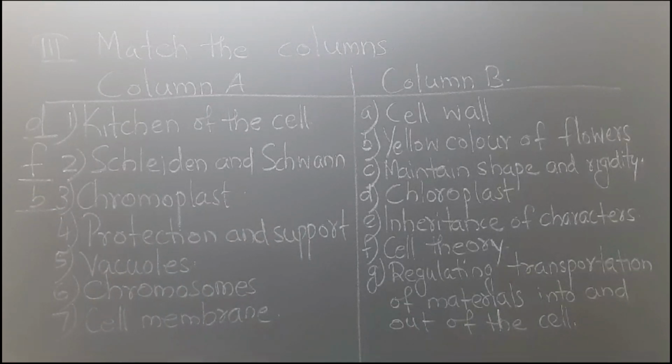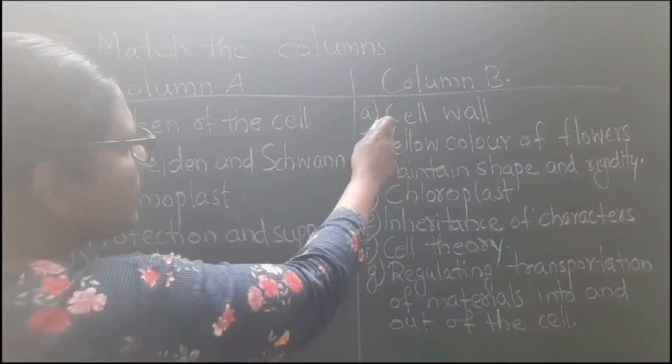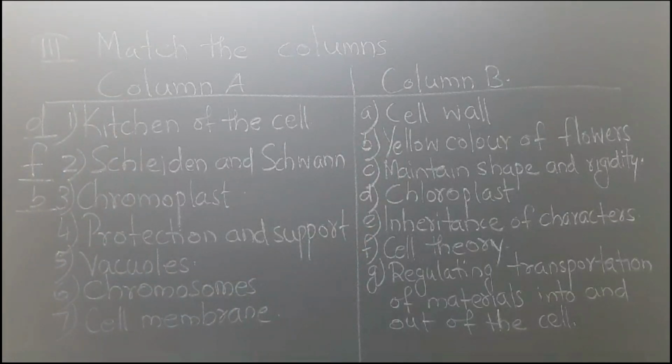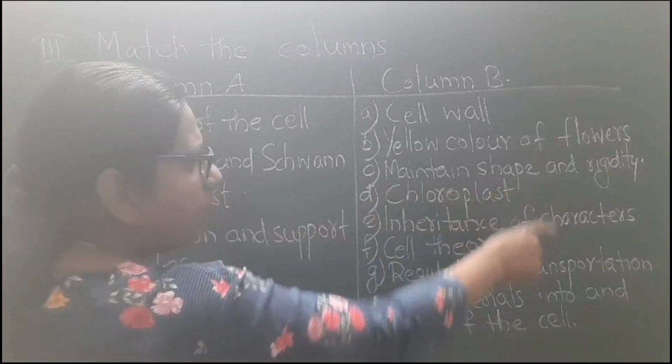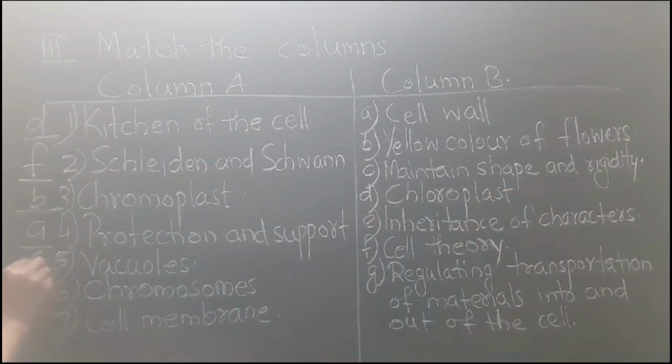Then number 4. Number 4 is protection and support. Cell wall gives protection and support. That is A. Then 5 vacuoles. Vacuoles maintain shape and rigidity. That is C. Then 6.